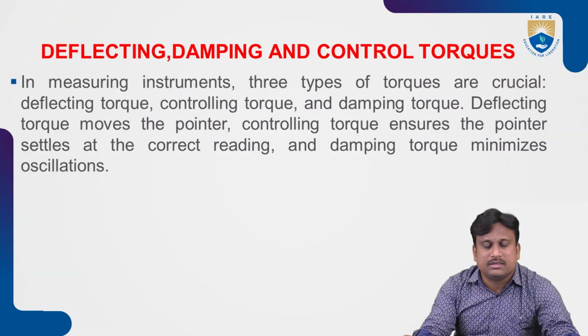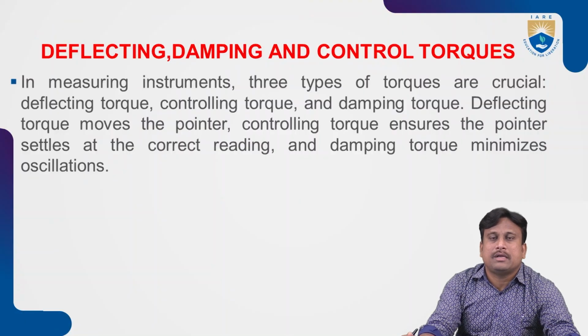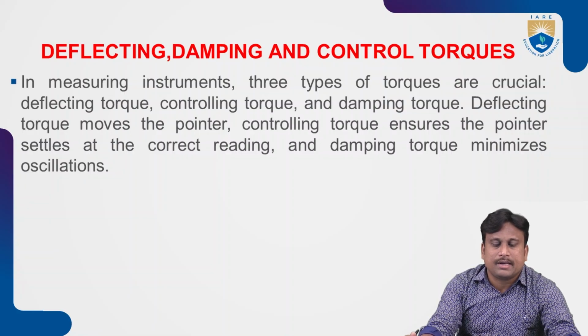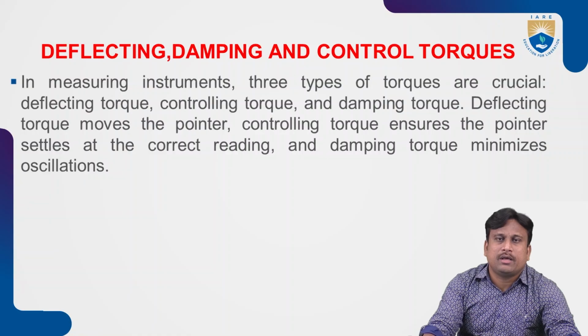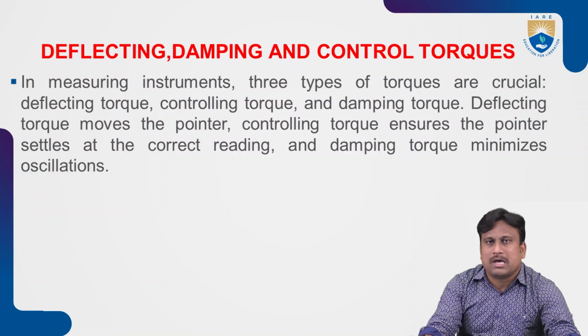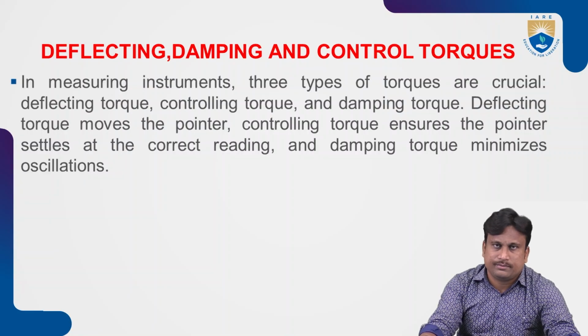Usually, three torque phenomena are associated with measuring instruments. Those are deflecting torque, damping torque and controlling torque. These torques help the pointer move over the scale and give suitable results. Without these torques, we cannot get accurate results and outputs from the instrument.